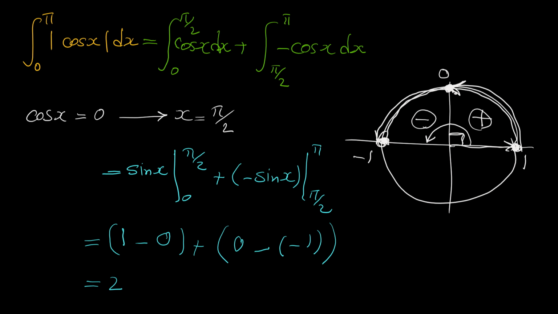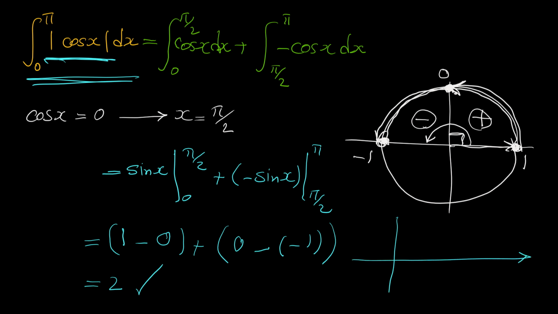And let me show you the interpretation for the answer that we got here. The graph of the absolute value of cosine of x. If you remember, the graph of cosine of x is something like this. It starts from 1, then it goes to 0, then it goes to negative 1, and it continues. But here we have the absolute value of cosine of x.